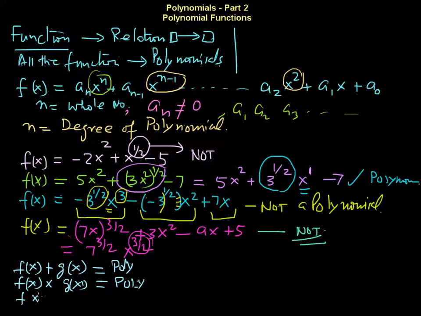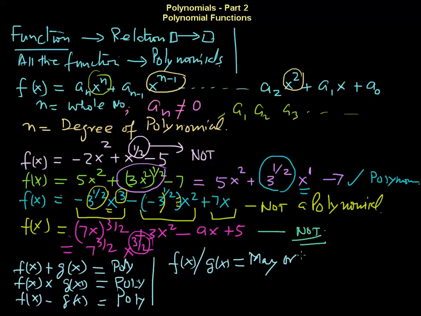And if I subtract g(x) from f(x), I am doing subtraction on polynomials, so that's again a polynomial. But the last one: the two functions are divided, f(x) by g(x). Division of polynomials always depends on what the outcome is. Depending upon what type of polynomials we choose, the result may or may not be a polynomial.